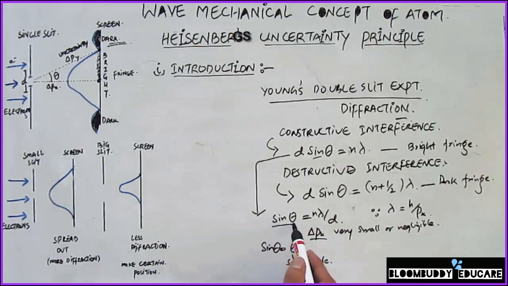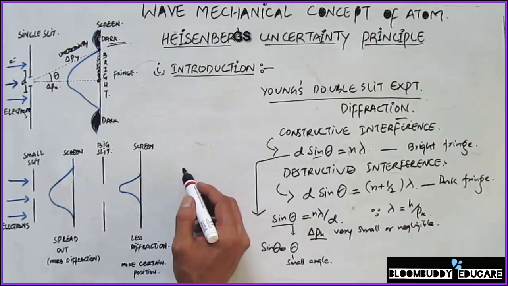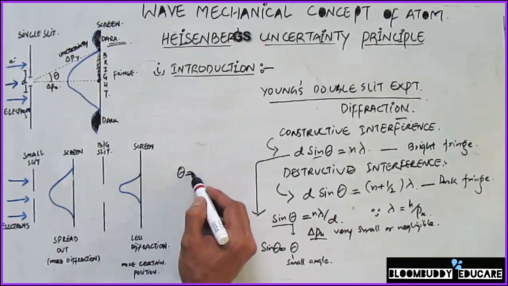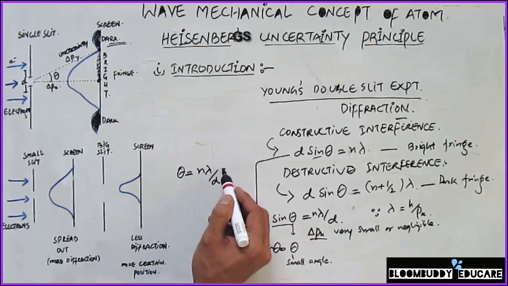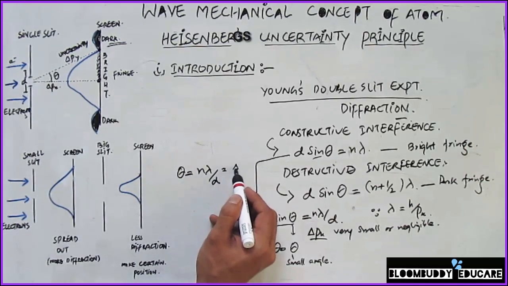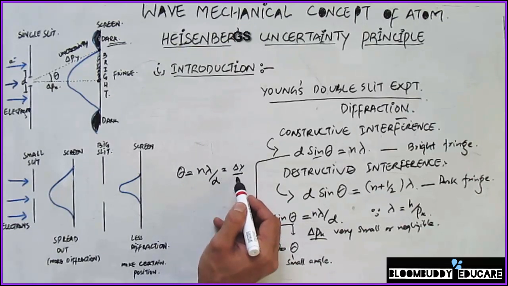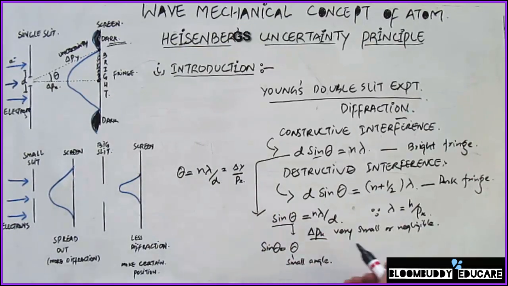So I can represent this equation as theta is equal to n lambda by d, which can be equal to delta y by px. Since the change is very small, I can represent delta px as px, meaning there is very little change in this px.